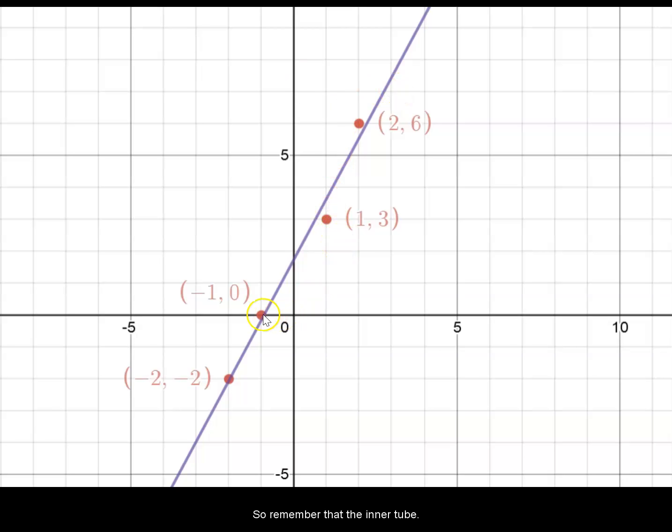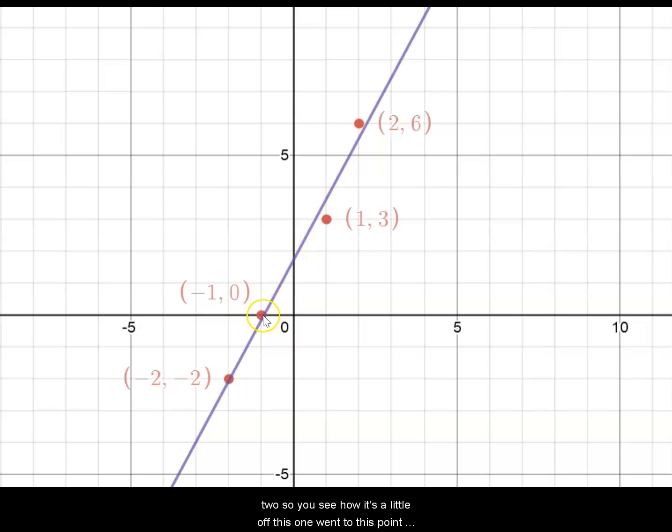Remember that the inner two points had more weight than the outer two. They're pretty linear already, so it'll be a very, very small change. But if these weigh heavier than these two, then my weighted line should put more of a connection between these two.